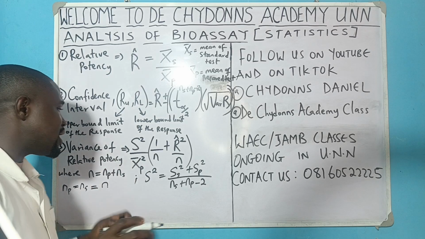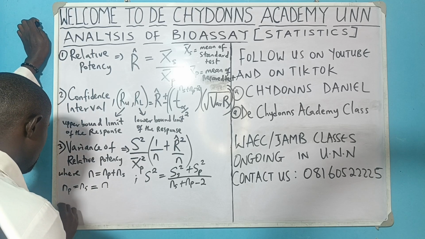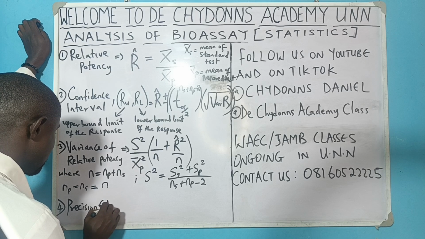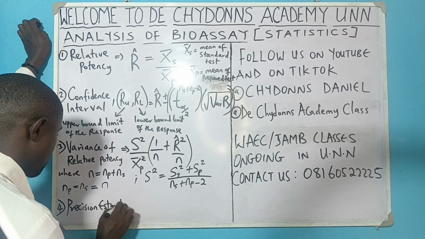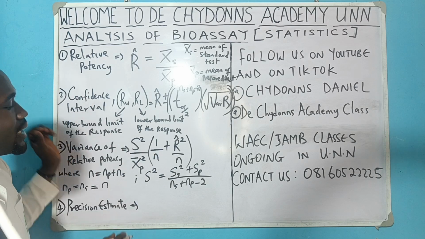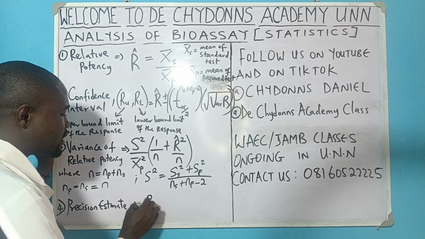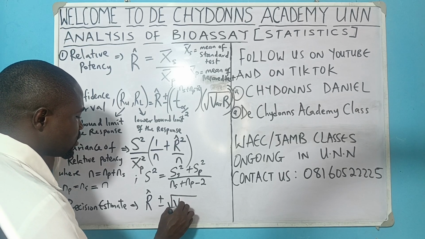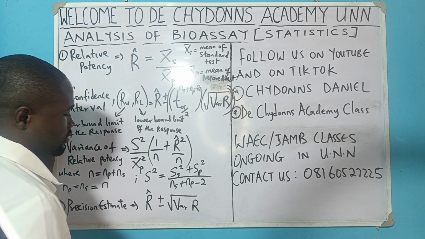Then another thing that they can also ask you is the precision estimate. How do we sort it out? When they ask you to get the precision estimate, it simply means the relative potency plus or minus square root of the variance of the relative potency.